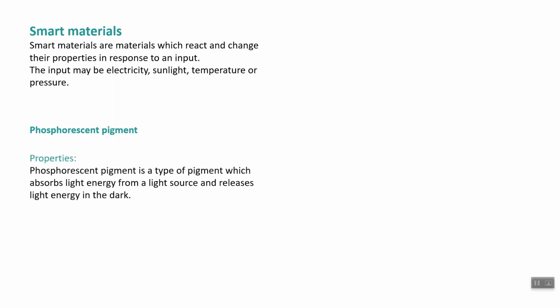Donc, phosphorescent pigment is a type of pigment which absorbs light energy from a light source and releases light energy in the dark. Ça veut dire que pendant la journée, le matériau va absorber la lumière, et quand la lumière baisse, il va relâcher cette lumière-là, donc il va briller. On appelle ça des glow in the dark materials.